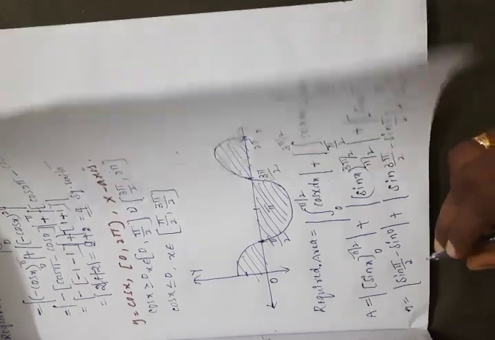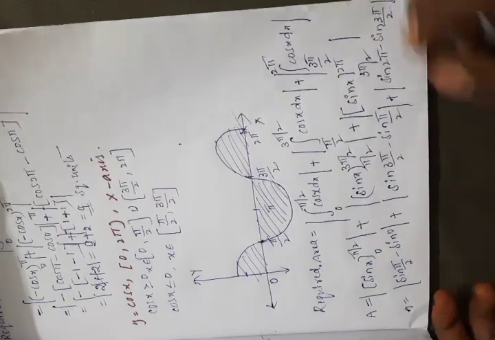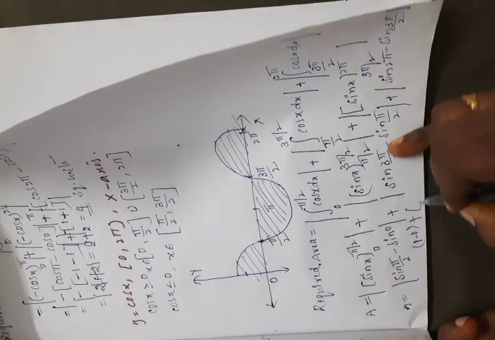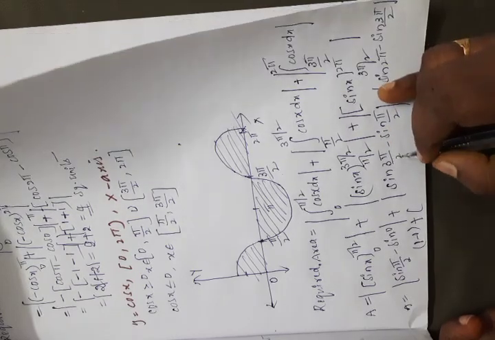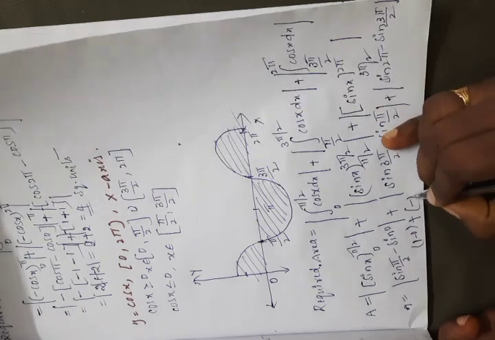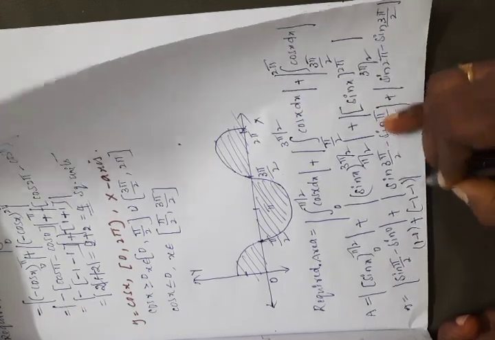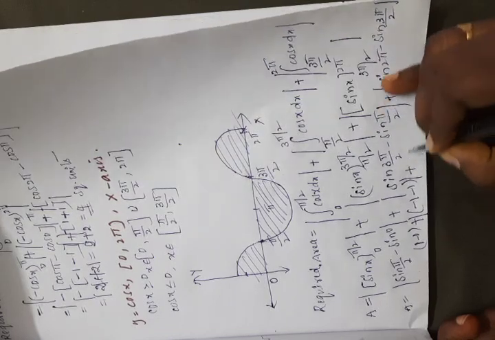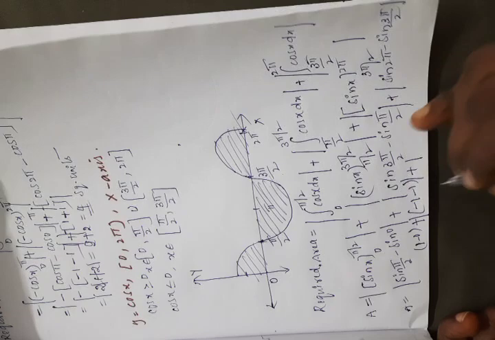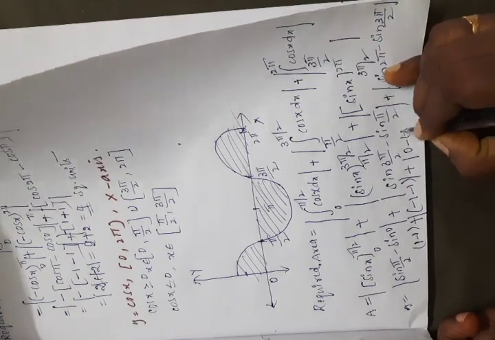Now here sin 90 is 1, sin 0 is 0, therefore 1 minus 0, plus sin 3 pi by 2 is minus 1 minus sin 90 is again 1, so mod of minus 1 minus 1, plus sin 2 pi is 0 minus sin 3 pi by 2 is minus 1, therefore 0 minus of minus 1.